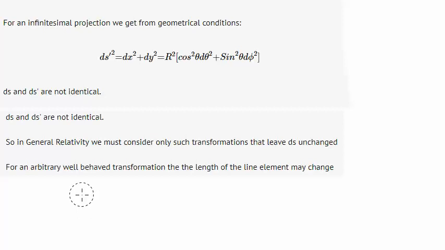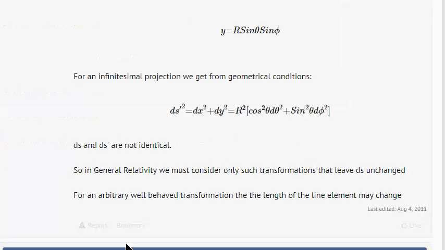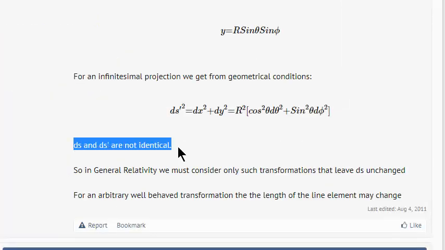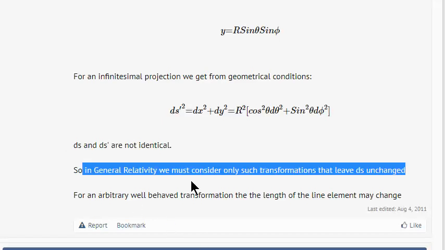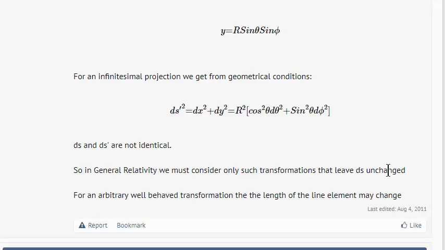For an arbitrary, well-behaved transformation, the length of the line element may change. Okay, he did not say ds and ds prime are not identical twice. That was a problem when I was copying it over to my other software; I ended up copying that line twice. All right, but in general relativity, we must consider only such transformations that leave ds unchanged. I'm not sure. I don't think I necessarily agree with that premise.